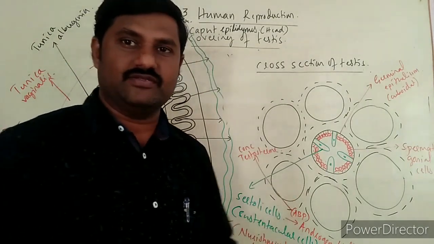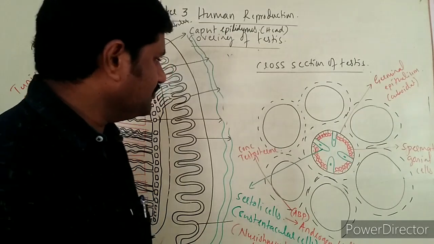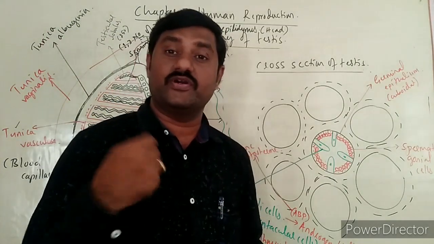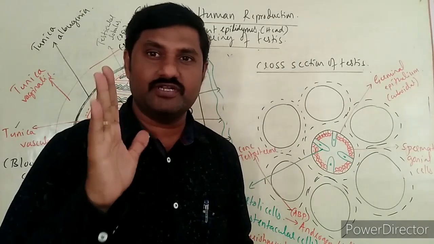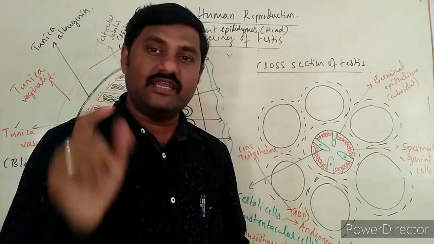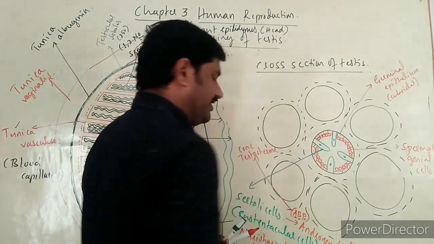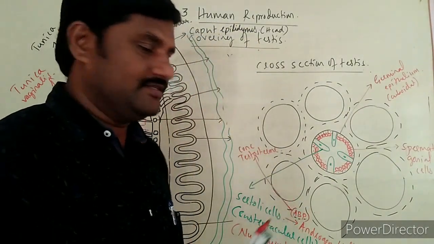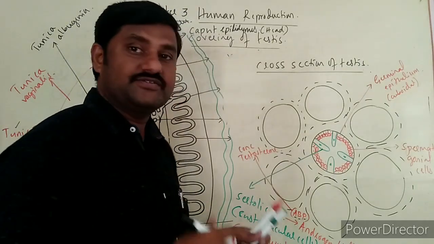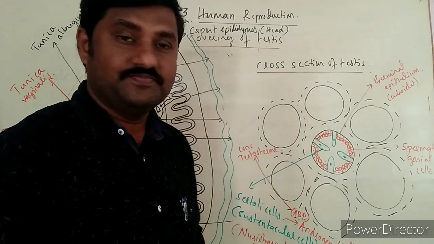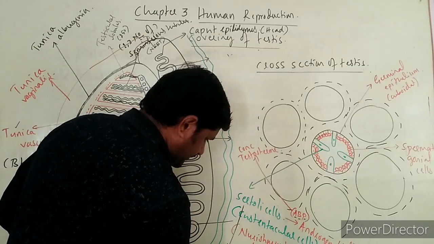That testosterone hormone would help in production of sperms very easily. This is the fact you should remember. As far as NEET is concerned, this ABP is also a very important one, right? Along with this, Sertoli cells also secrete one more chemical, that is inhibin.